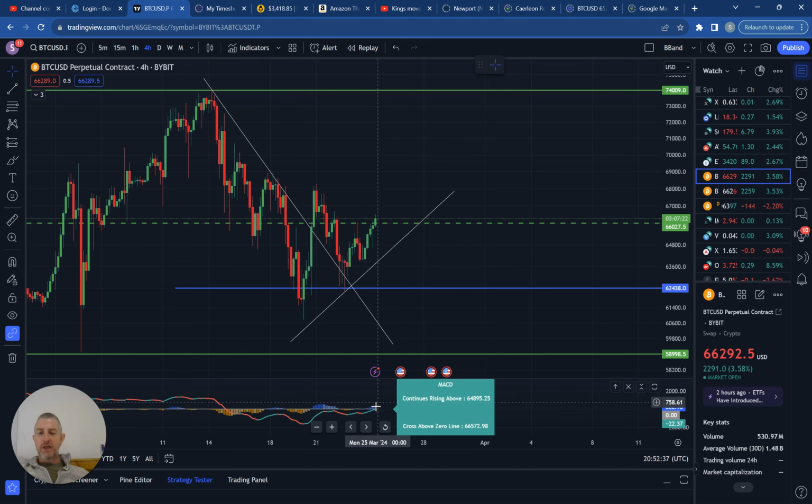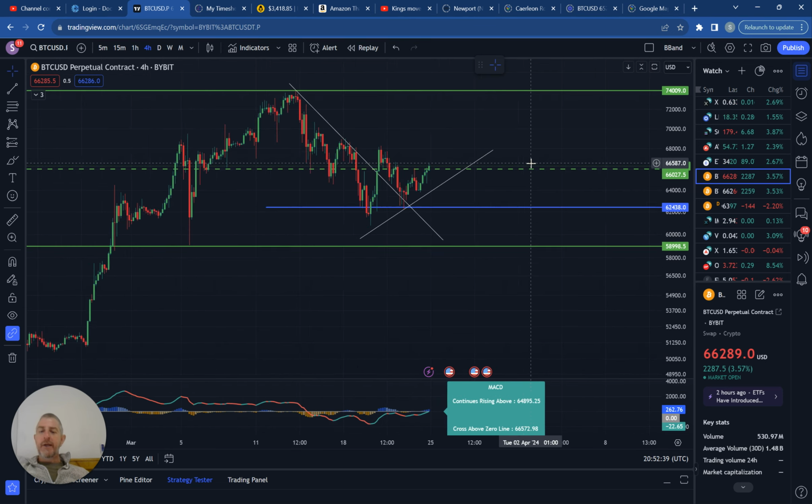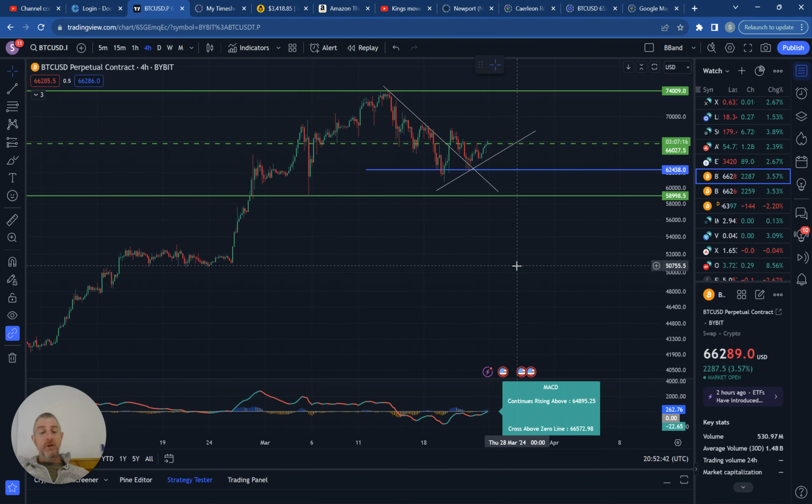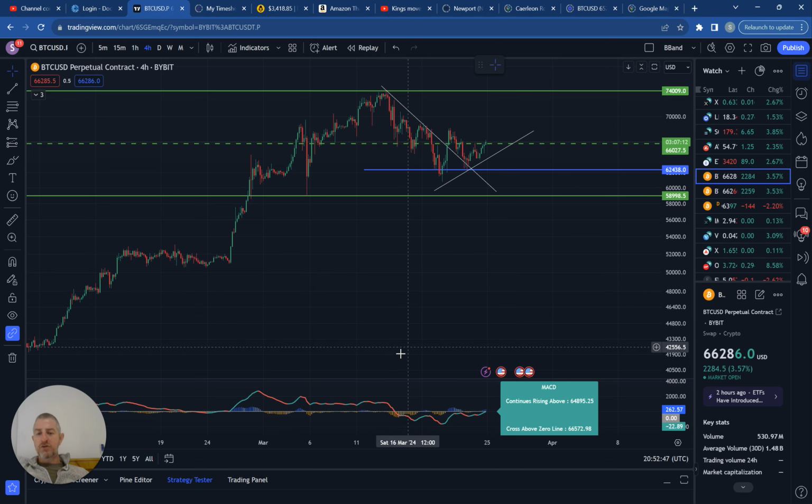So as you can see, the point of all that was it's got a chance to cross to the upside, and it's not tradable. Well, you can trade it if you want, but I don't trade the zero line cross, because it's very easy to backtest and see that just doing that won't be very successful.